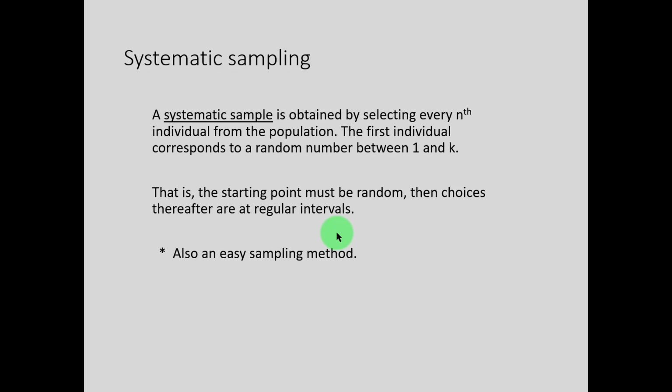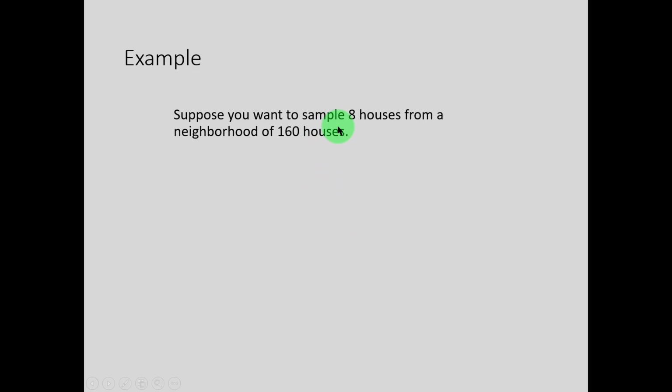This is also a pretty easy sampling method, as you can imagine. Quick example. Suppose you want to sample 8 houses from a neighborhood of 160 houses. Well, you would choose every 20th house after a random starting point.